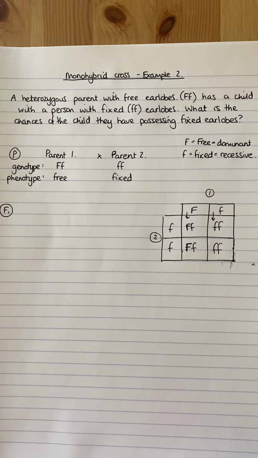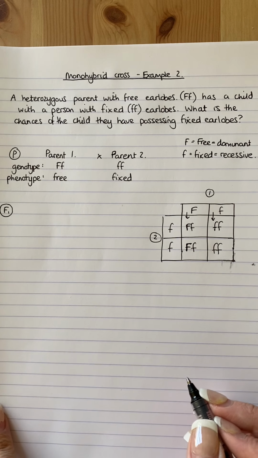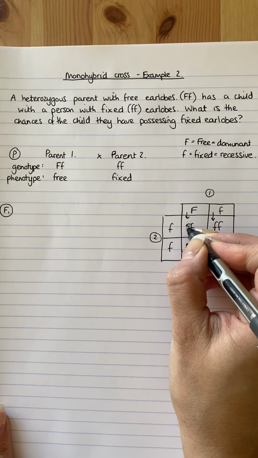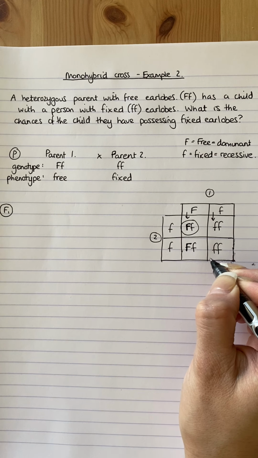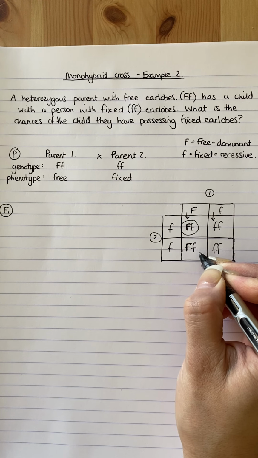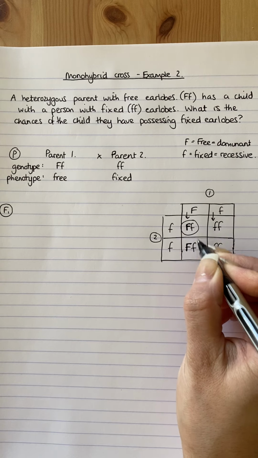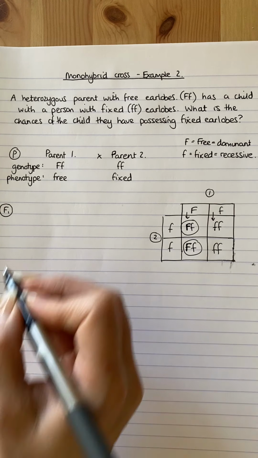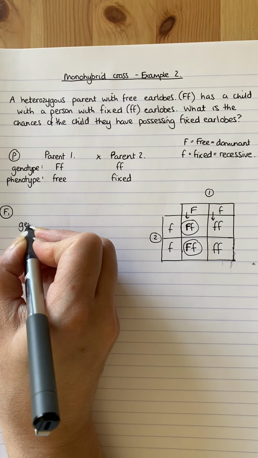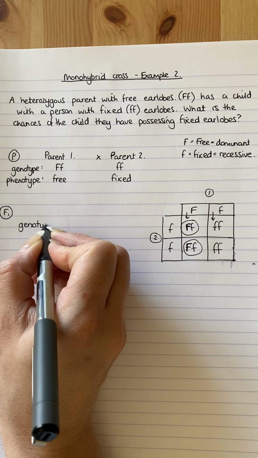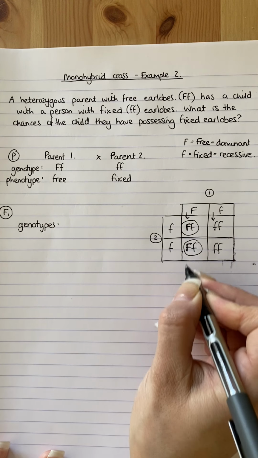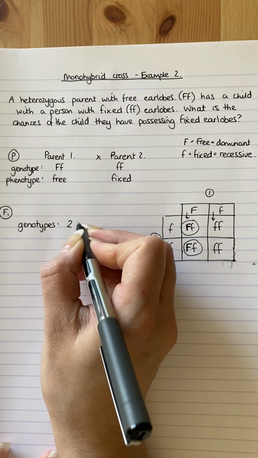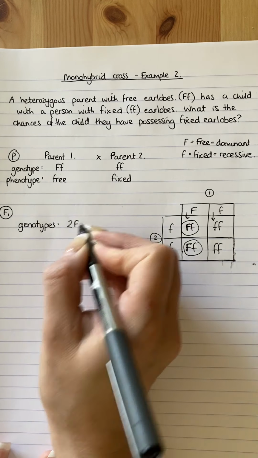Now what we're going to do is have a look at what their children could potentially have. Here we have a person who is heterozygous, has one dominant allele and one recessive allele. We have the same here. So in terms of genotypes, we have two children with capital F, small f.